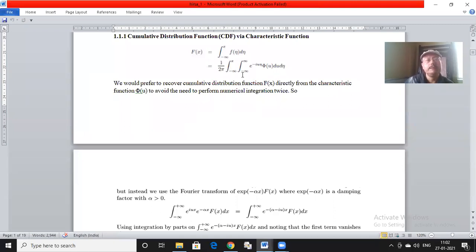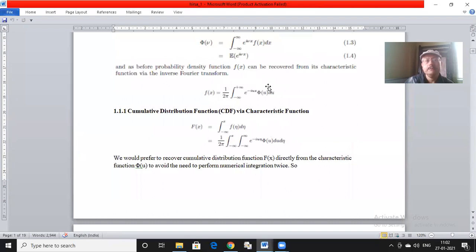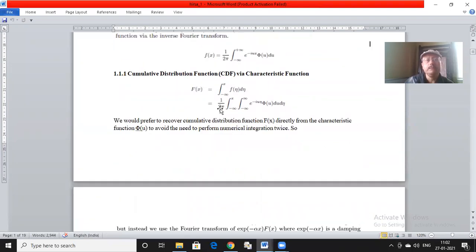And if I now insert the inverse Fourier transform here, I can also get to capital F from the phi function through this double integral. So inside I had f(tau), f(eta). That f(eta) can be recovered from the characteristic function using the inverse Fourier transform. So I have a double integral in my hand if I want to find out the CDF from the characteristic function.